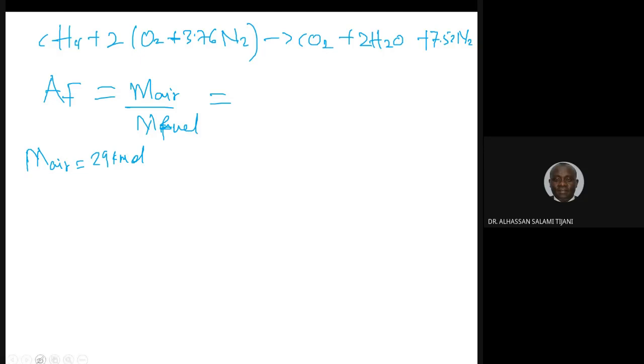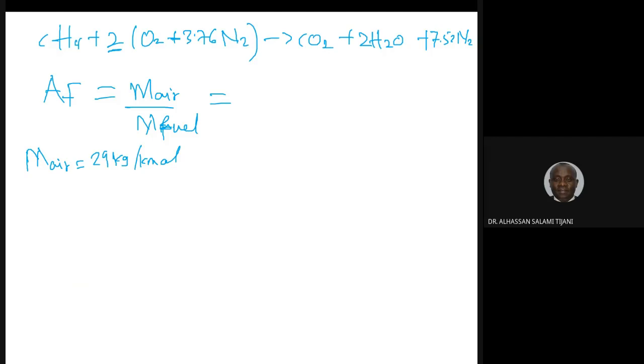I'm very sorry, 29 kilogram per kilomole. All right. So now, we know that in the air we have 2 moles. That is the stoichiometric amount of air.